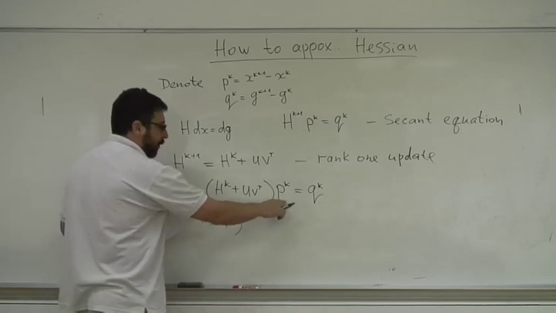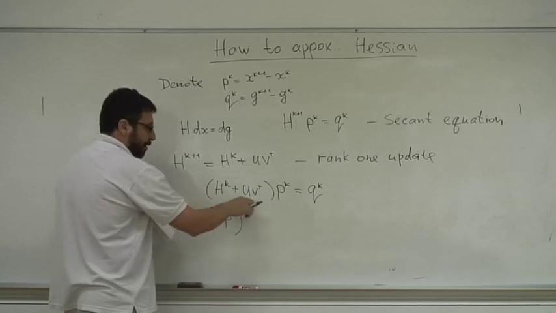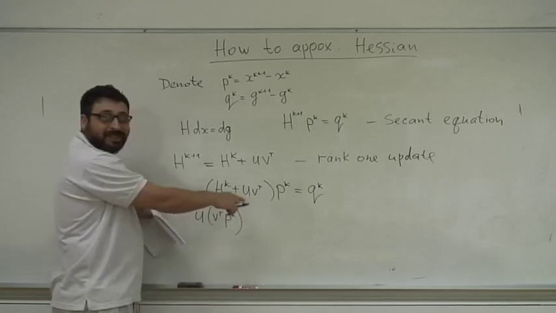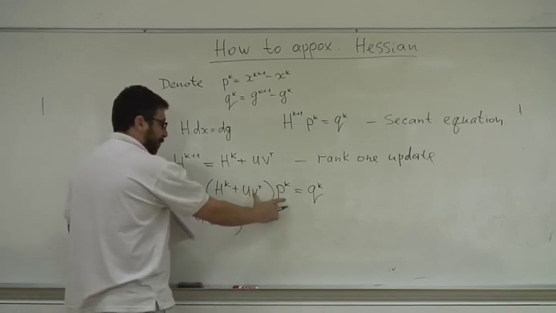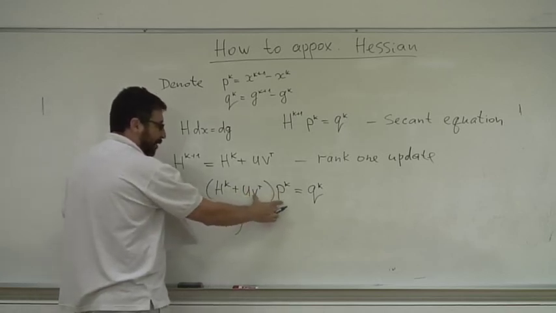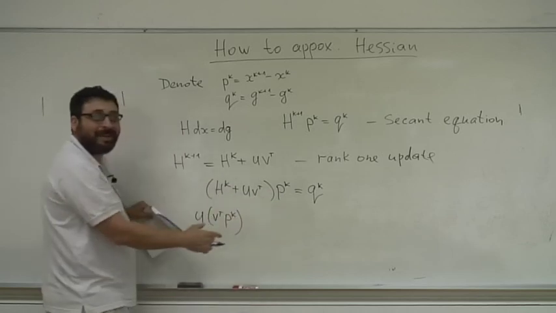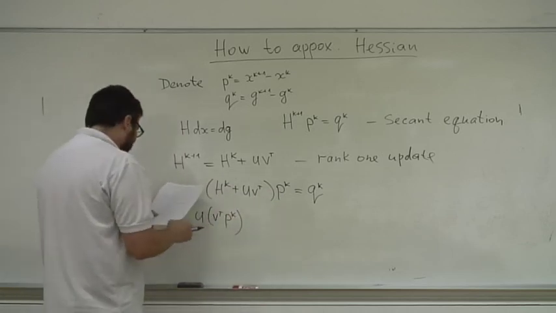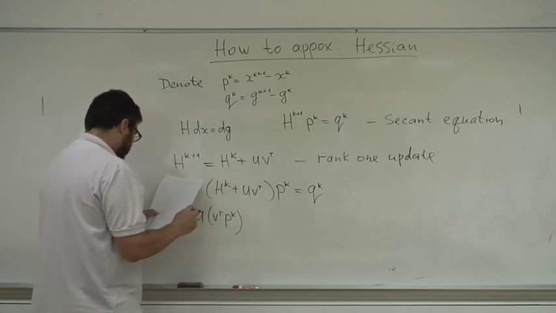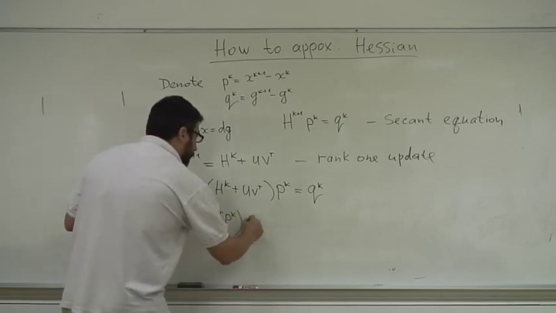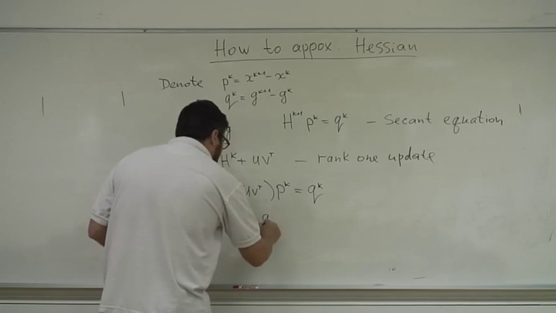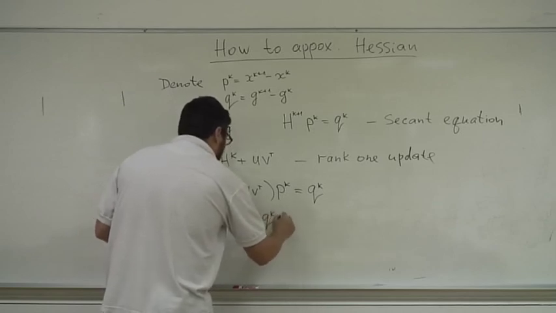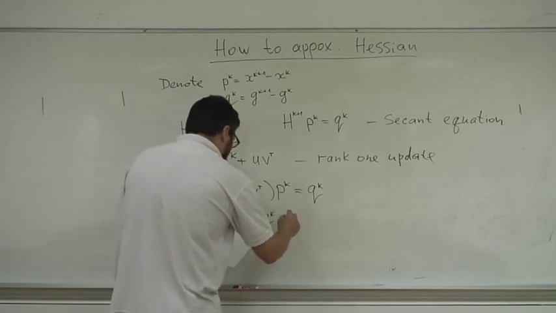And of course, if I have a multiplication of several entities, I can change parentheses. Why am I interested in doing this? Because v transpose p_k is a scalar. So what is left is q_k minus H_k p_k.